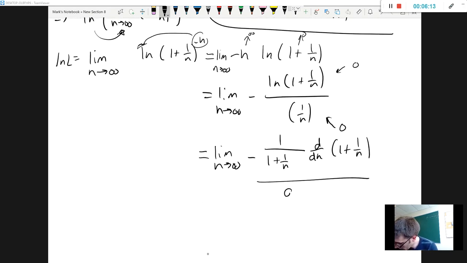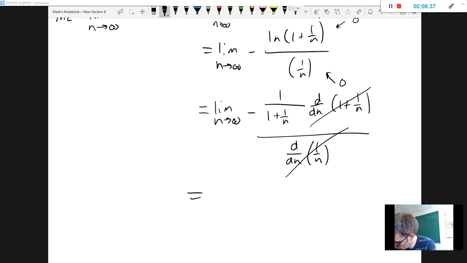And then in the bottom, we'll have the derivative of 1 over n. I'm not evaluating that because, notice, the derivative of 1 plus 1 over n is the same thing as the derivative of 1 over n, since the derivative of 1 is 0. So we don't even have to evaluate those derivatives because they're just going to cancel each other out.